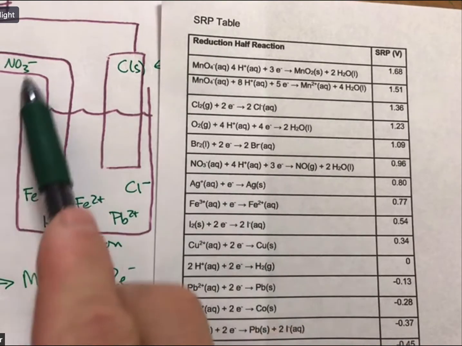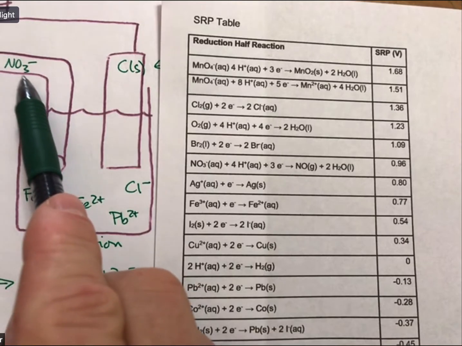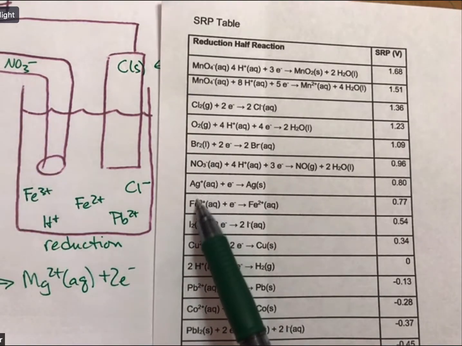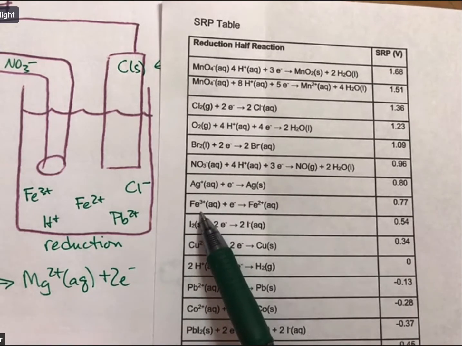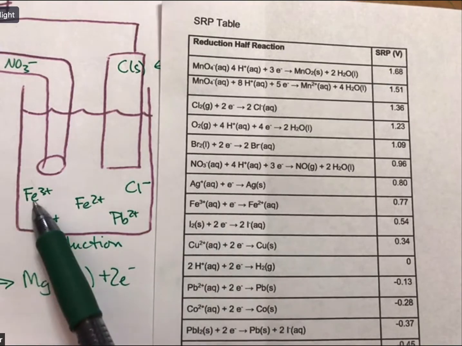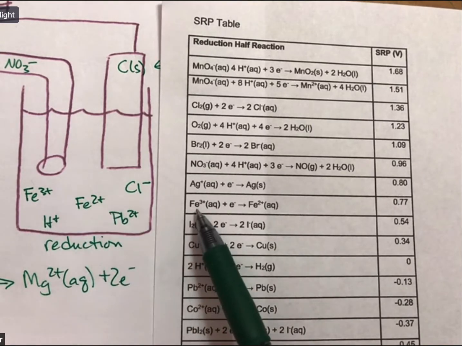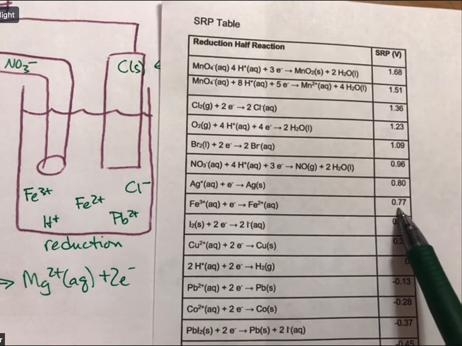We do have nitrates, but they're only in the salt bridge, so that won't count for us. And we get to Fe3 plus, one of my favorite reduction half reactions. We have Fe3 plus. That will be the most positive thing that we can do.